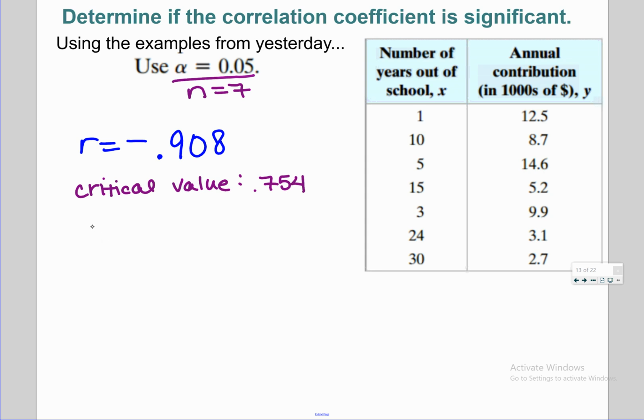Okay. Absolute value of R is equal to positive 0.908. That is greater than 0.754. So what does that mean? It is a significant correlation.